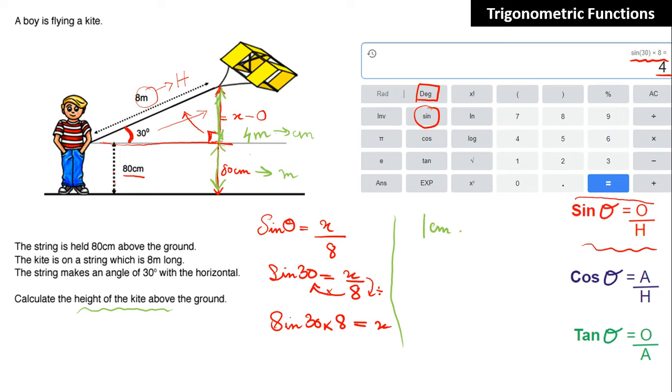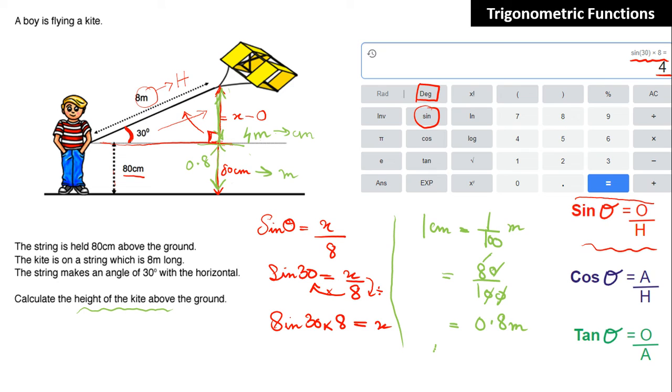So if you know, 1 centimeter is equal to 1 upon 100 meters. So now I have to convert my 80 centimeters. It's going to be 80 divided by 100, which gives me 0.8 meters, which means this is the height of the ground, 0.8, and the height of this horizontal line to the kite is 4 meters.